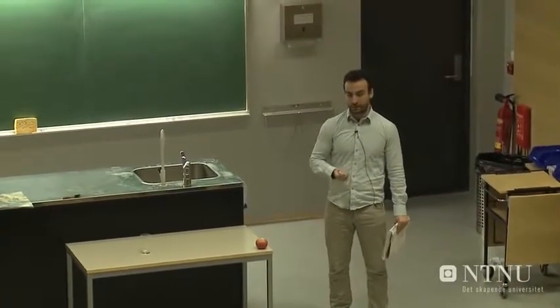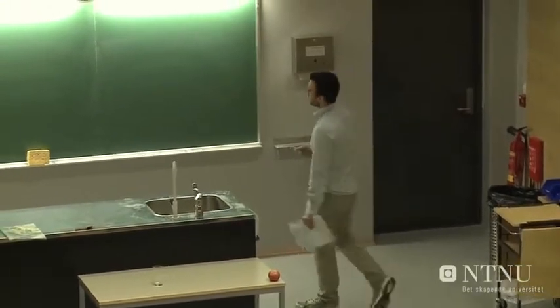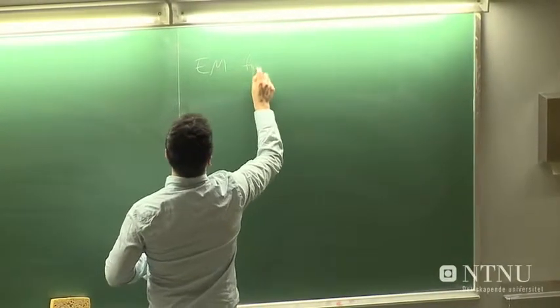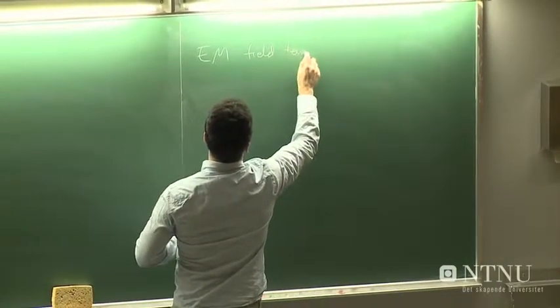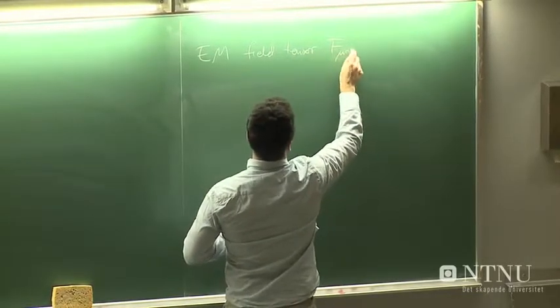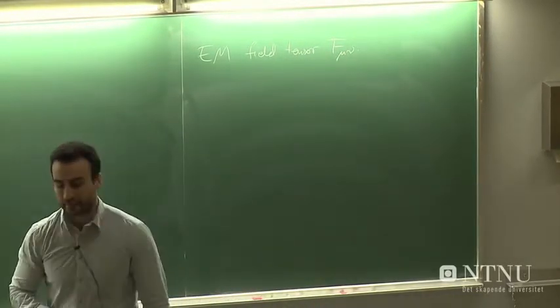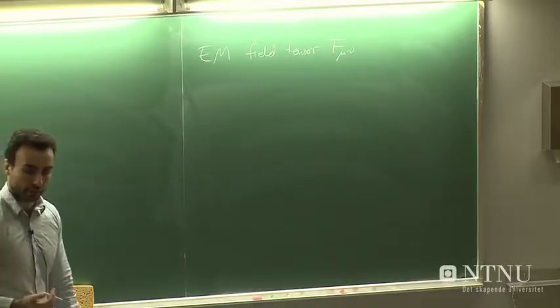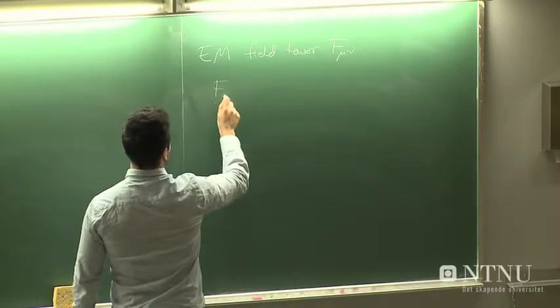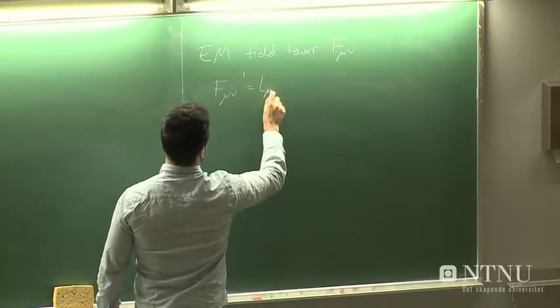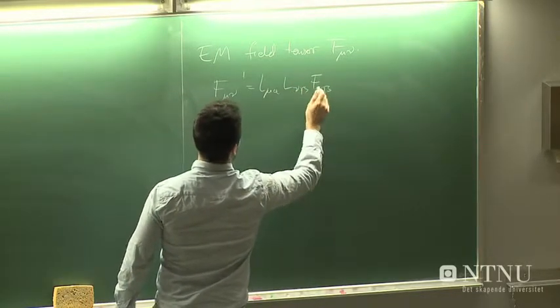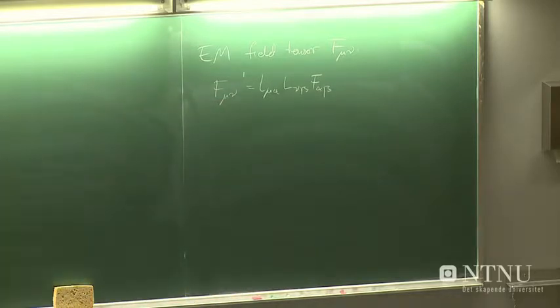So let me just briefly summarize what we did yesterday to recap the main results. We introduced the electromagnetic field tensor, F mu nu, and we showed that it would transform under change to a new reference system like this.